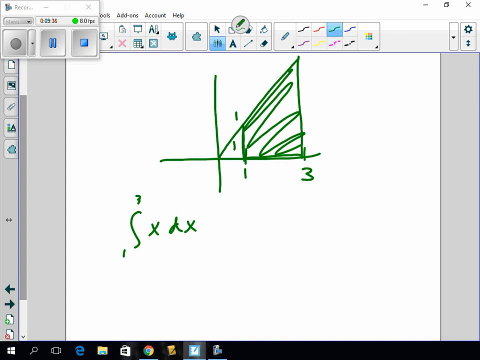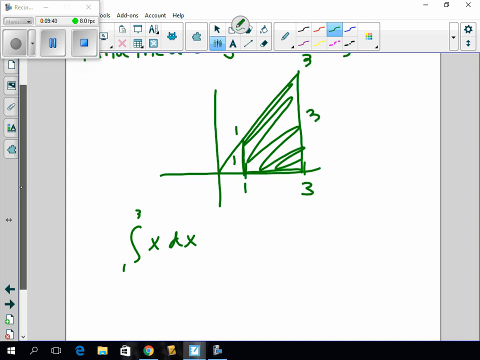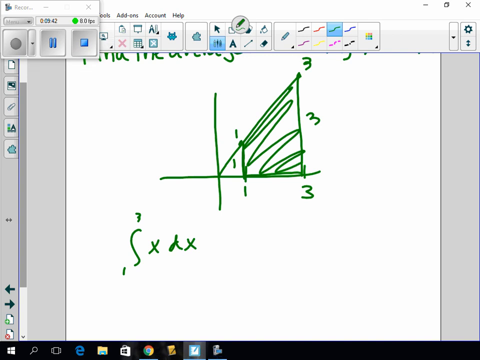This base is 1, this base is 3. If we plug in our y values, we get 1 and 3. And this is 2, because 3 minus 1 is 2.